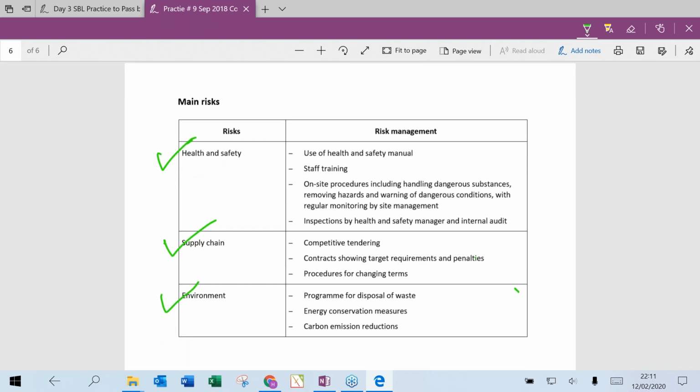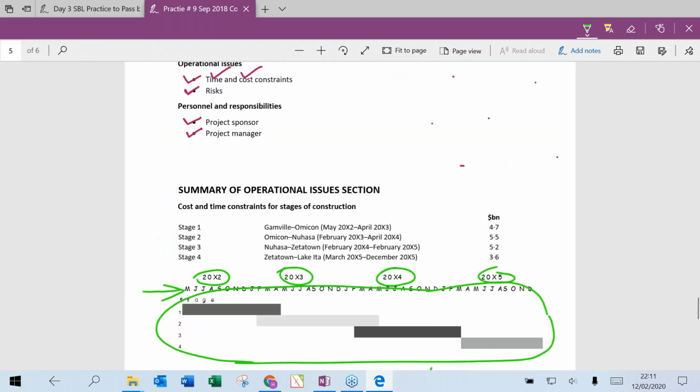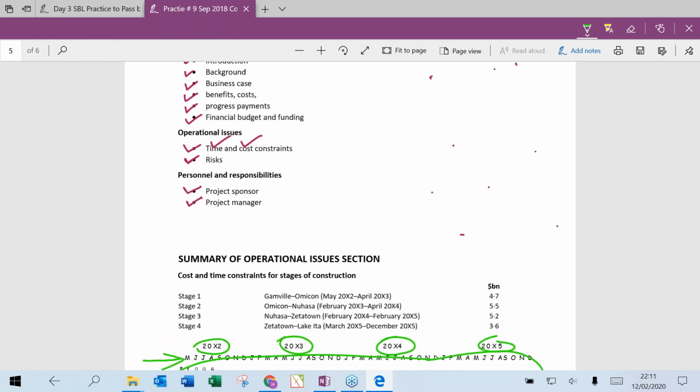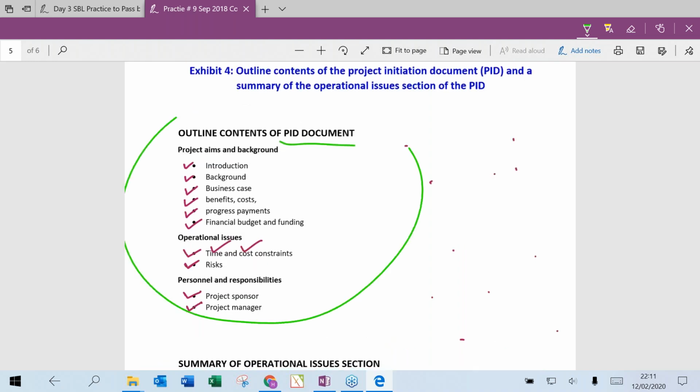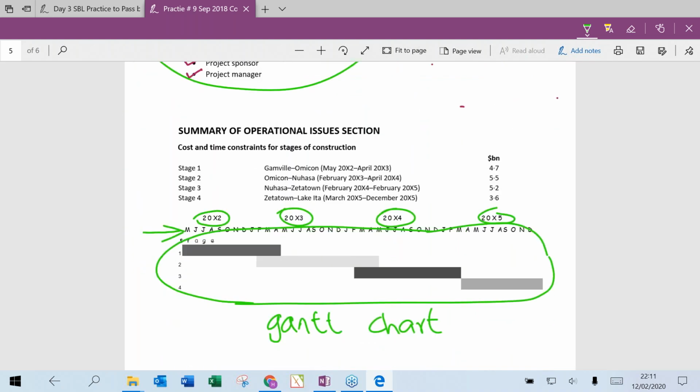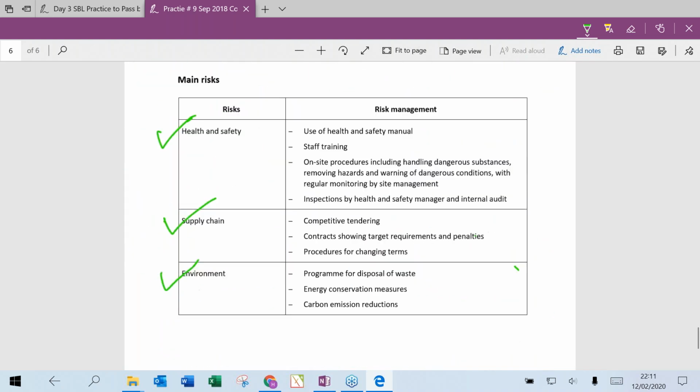For example, financial risk, reputational and integrity risks, and project delivery risks. That's it. So we were actually able to generate a lot of points, so much more than 6. So you just pick up a few missing points from the PID, and do not get confused over something which doesn't make sense to you. Move on.